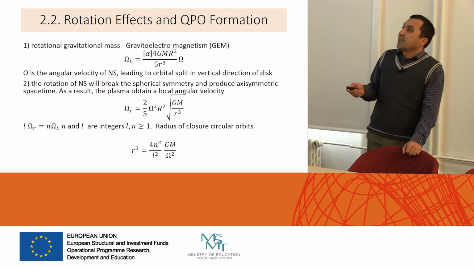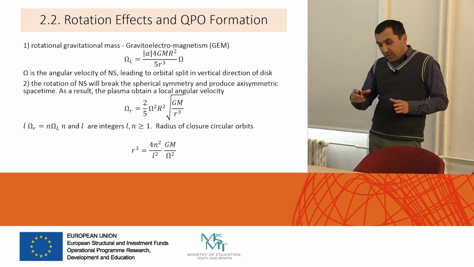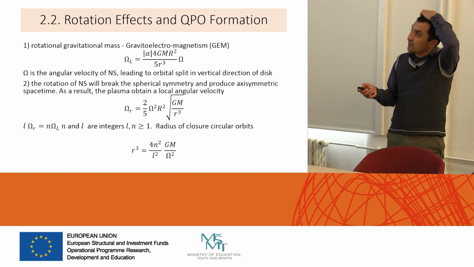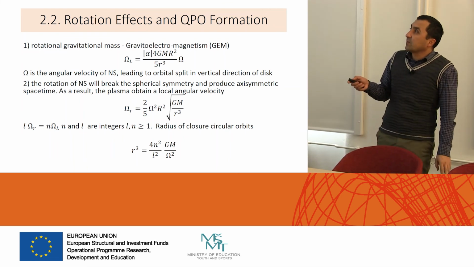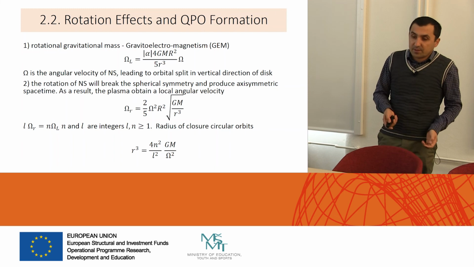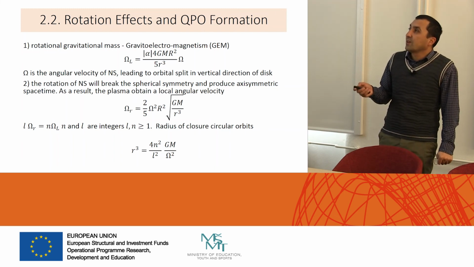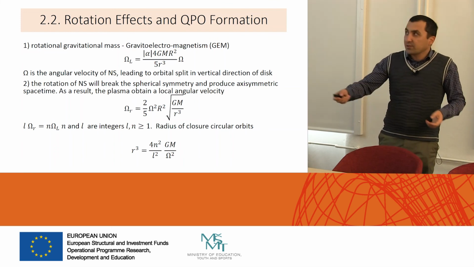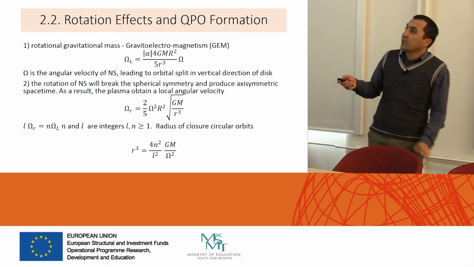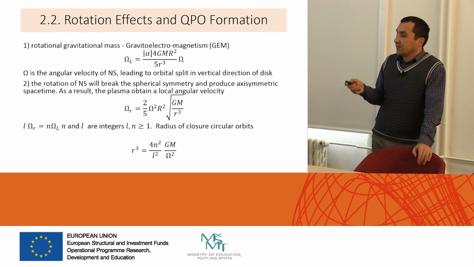And the rotation of the neutron star breaks the spherical symmetry, and it produces axial symmetry of space-time. As a result, the plasma obtains a local angular velocity in the radial direction, and this radial velocity is proportional to the square of the neutron star angular velocity.